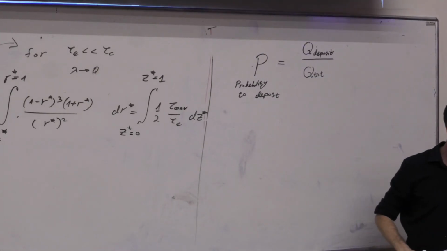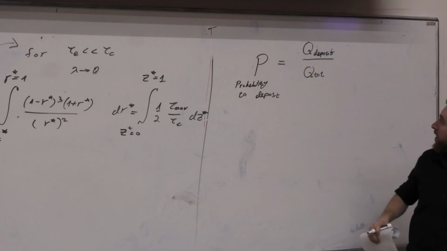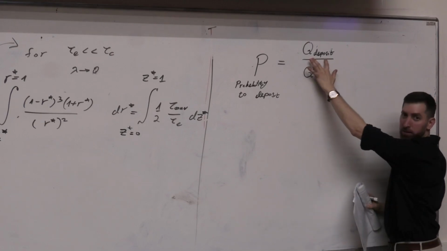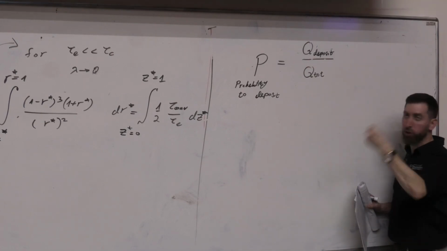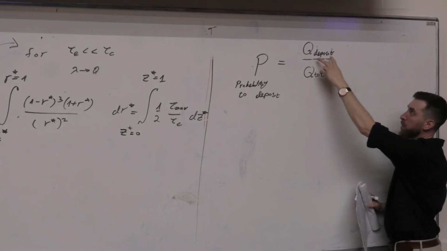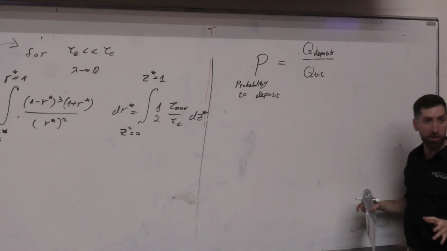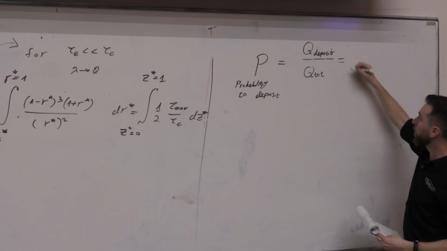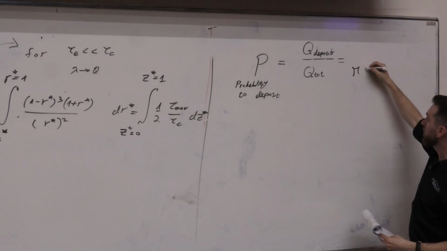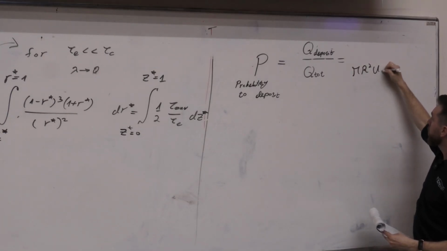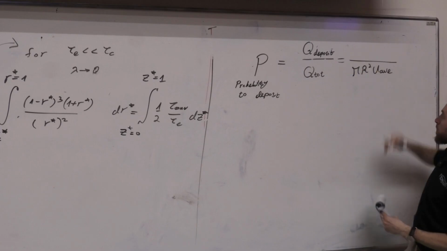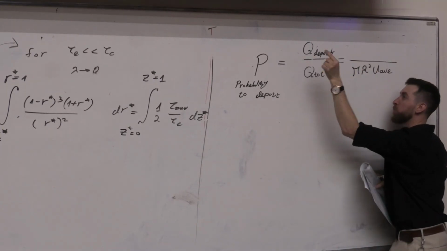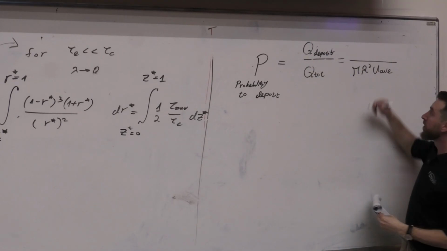I'm going back to that, is the flux of particles that's going to deposit divided by all the particles, all the flux. So all the flux is pi R square U average, right? But what are the particles that for 100% are going to deposit?